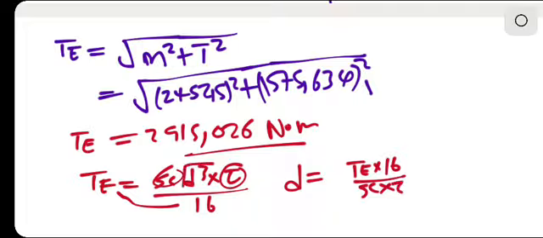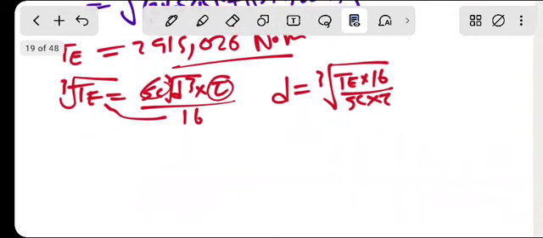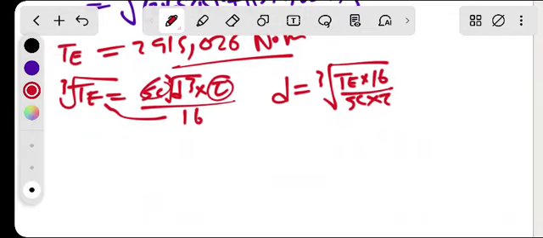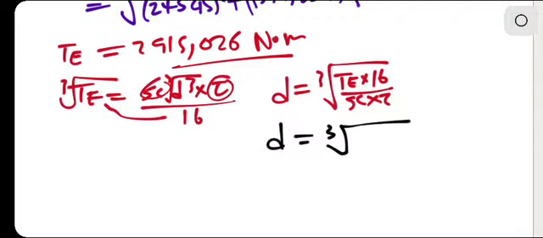Then you take the cube root. Then if you take the cube root, you'll have this. So you can simply, straightforwardly, calculate and substitute what we have there. What d will be equals to the cube root of that.